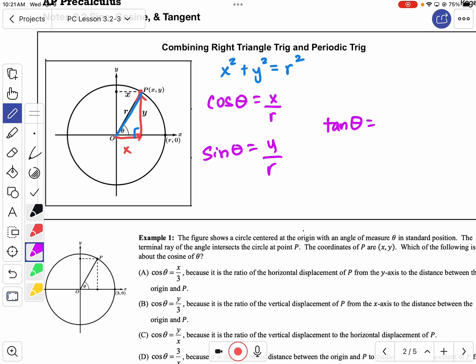And then let's do TOA. Tangent is going to be what in terms of the right triangle? Opposite over adjacent, y over x. As we said in the unit circle, sine over cosine. So it's all the same stuff. We've just labeled it differently. Now, I want you to look, if I think about the radius as a line, what's tangent the same thing as?